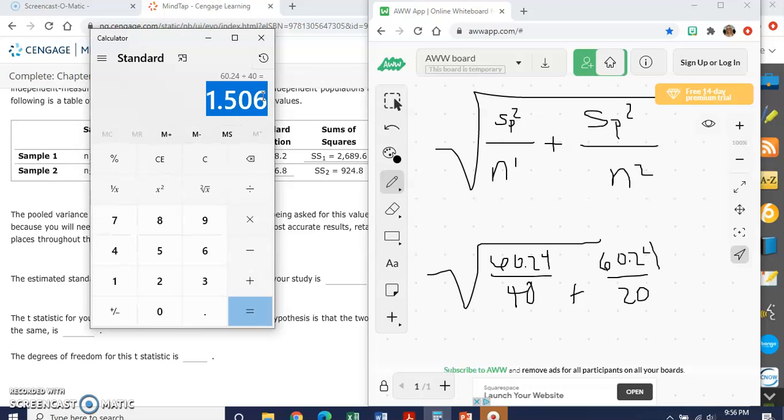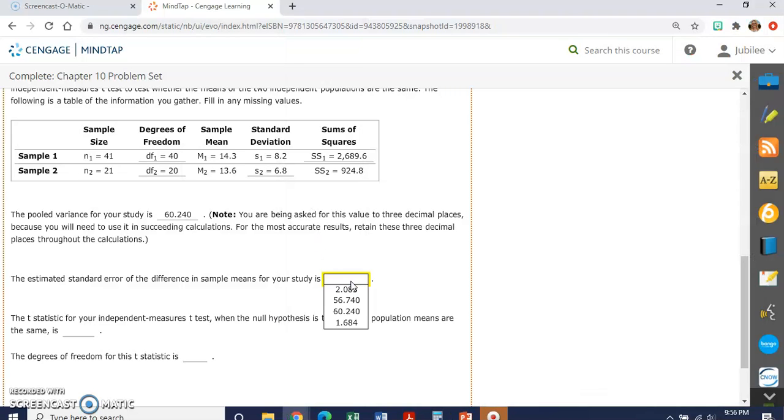And I'm going to save this number. And then I'm going to do 60.24 divided by 20. And I get that number. I'm going to add the number I just saved. So I got 4.518, and then I need the square root. So I got 2.125.